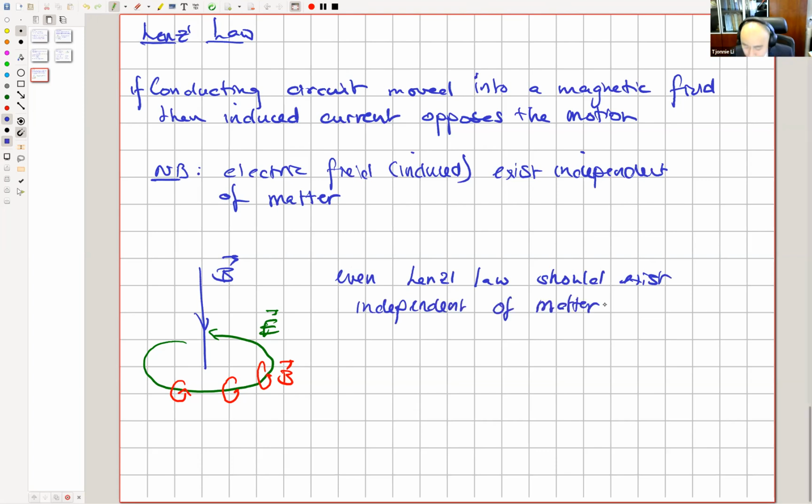And this leads us to a notion of the E field also inducing a B field. So that indeed this E field then creates a B field that opposes the original B field.